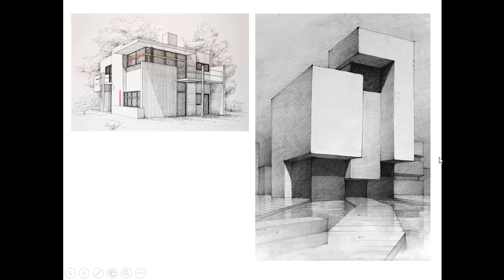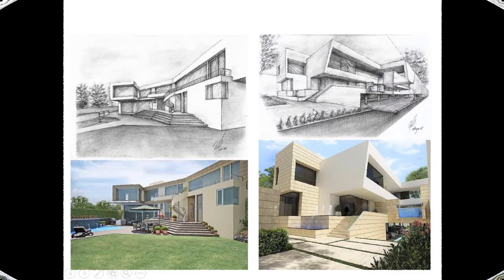Here, using pencil techniques, as we see, this is a perspective made with pencil. Here is also another one. And here, in order to show you the difference between a near-to-reality colored perspective and a handmade perspective, this is made by computer, and here by hand.